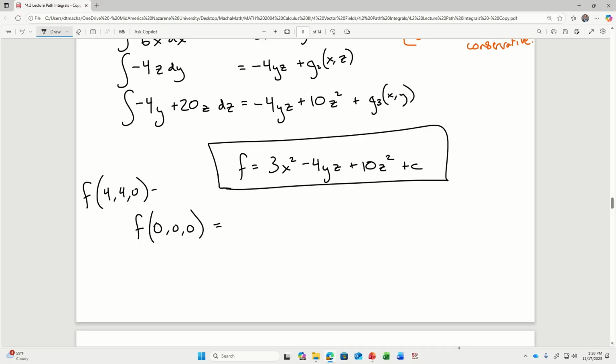So if I plug in 4 for x and 4 for y, this is going to be 3 times 16, and z is 0, right? Minus, everything's 0 when I plug in 0. So it'll be 48.